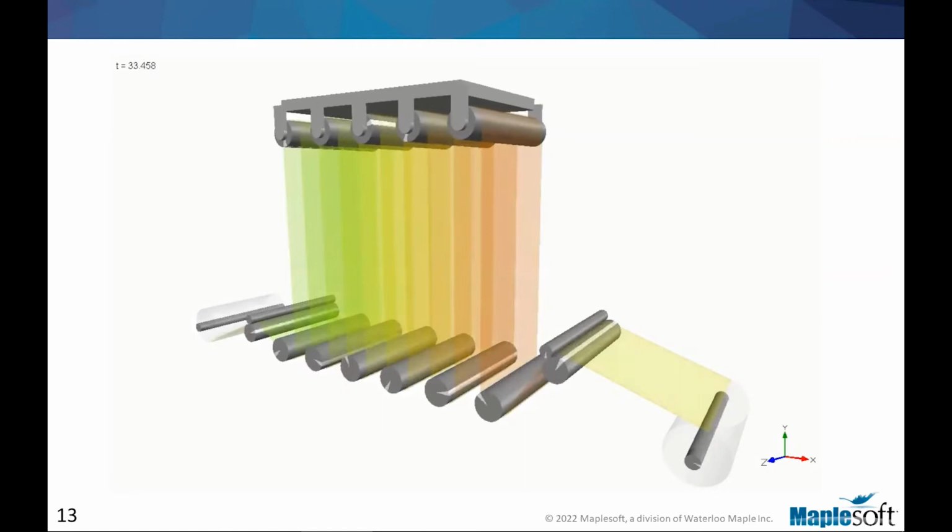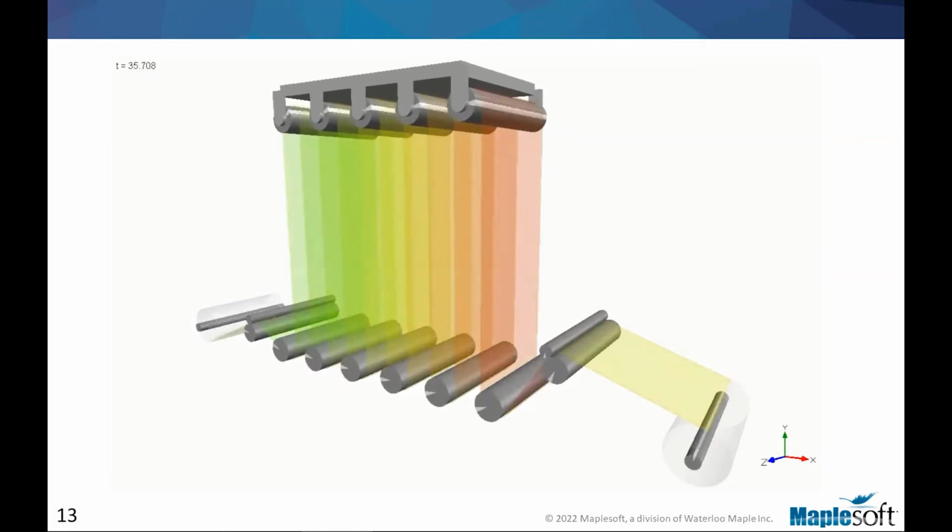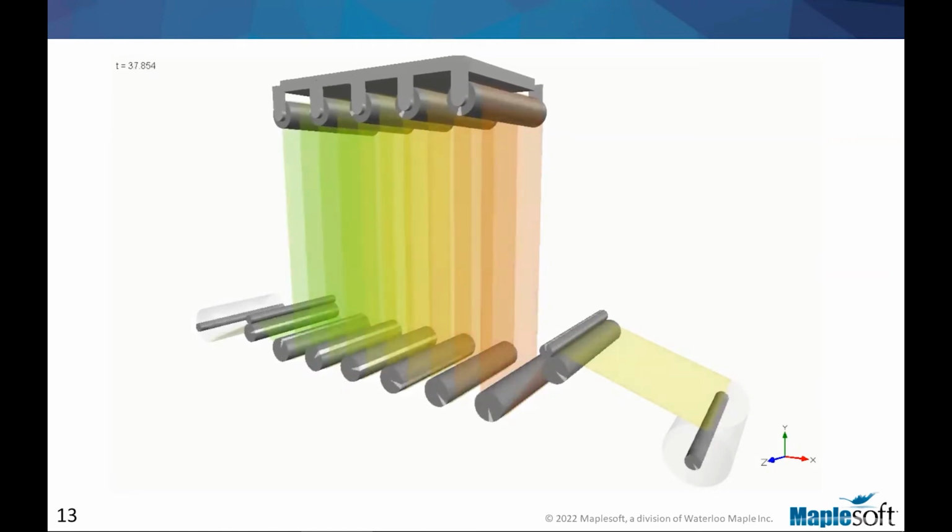Think about abstracting a process that is going to happen, like the changing of the roll. And then we do the same thing on the other end by turning off the unwind roll and let the accumulator provide the material for the process.